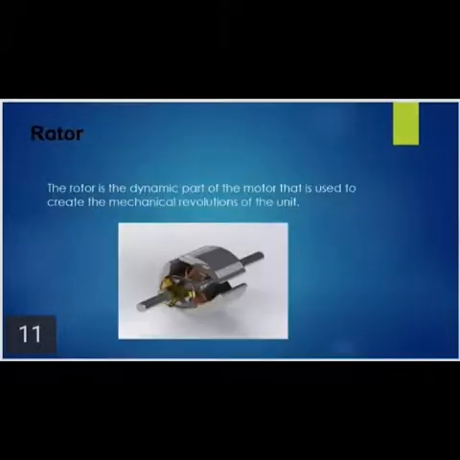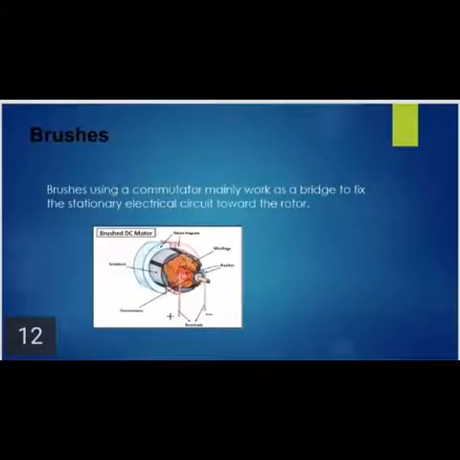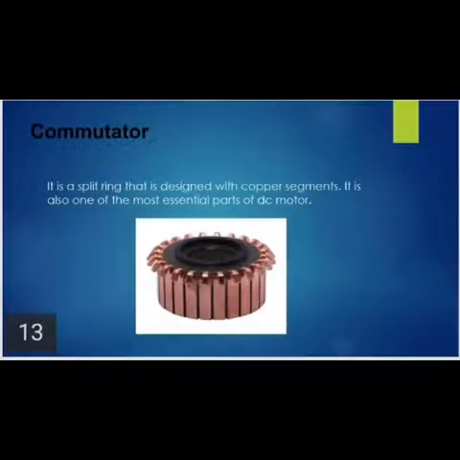Rotor: the rotor is a dynamic part of the motor that is used to create the mechanical revolution of the unit. Brushes: brushes, along with the commutator, mainly work as a bridge to connect the stationary electrical circuit to the rotor. Commutator: it is a split ring that is designed with copper segments. It is also one of the most essential parts of the DC motor.